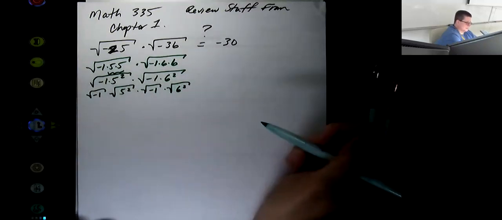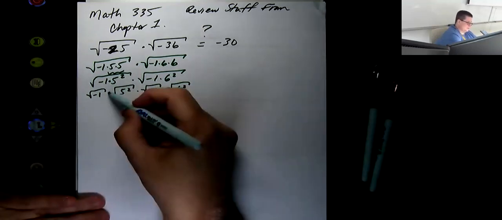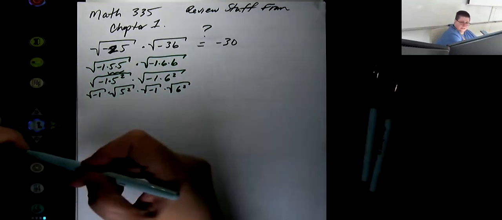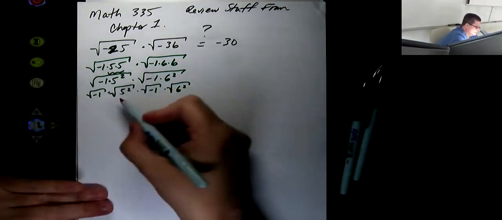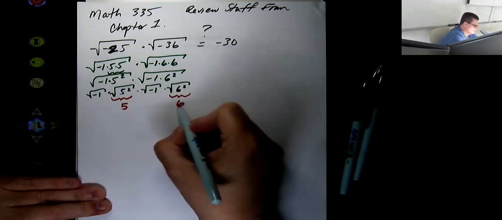I just separated the square root of negative 1 from the 5s and the 6s. When you've got 2 things multiplied together, you can treat them as square roots times each other. The square root and the square cancel each other. This is 5 and this is 6.